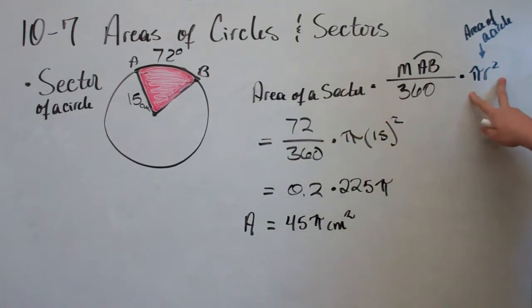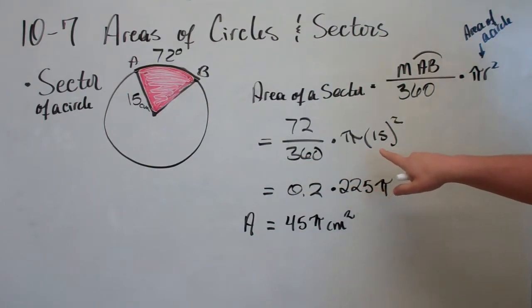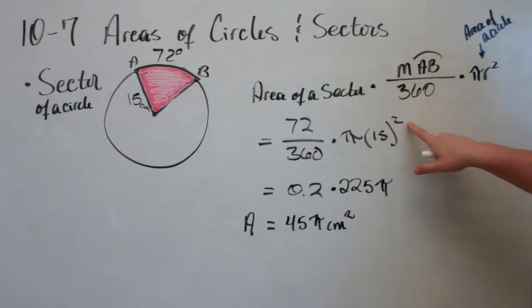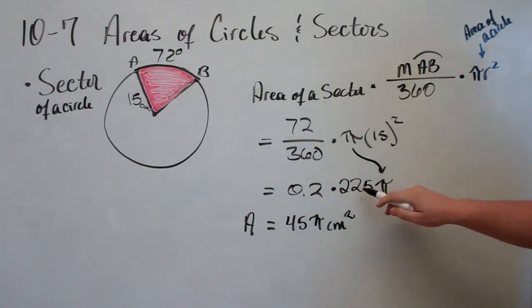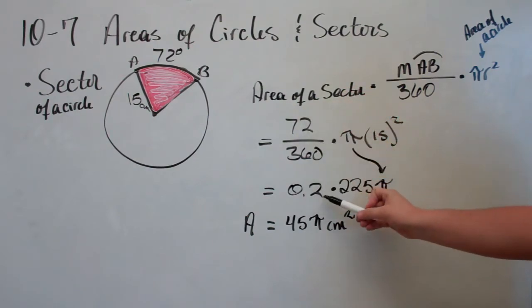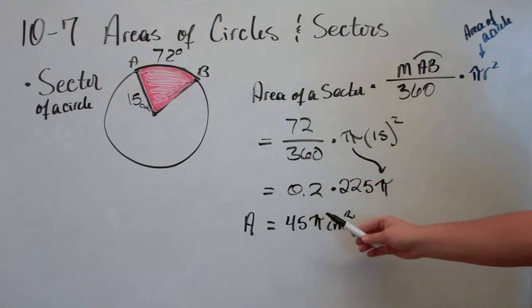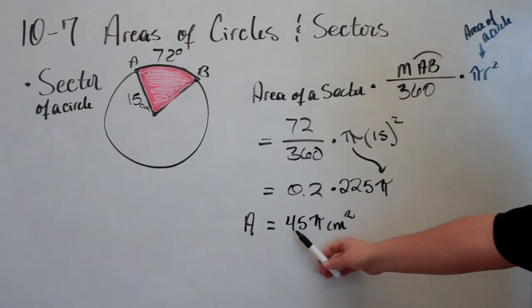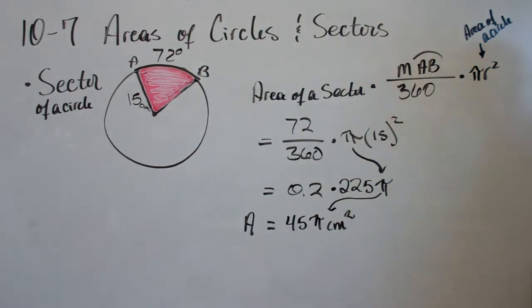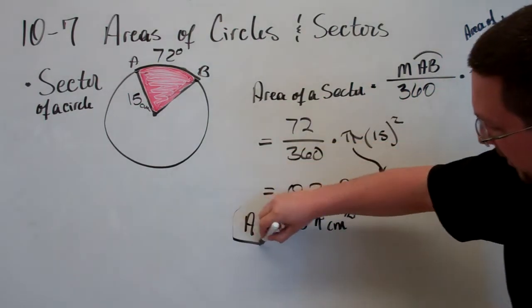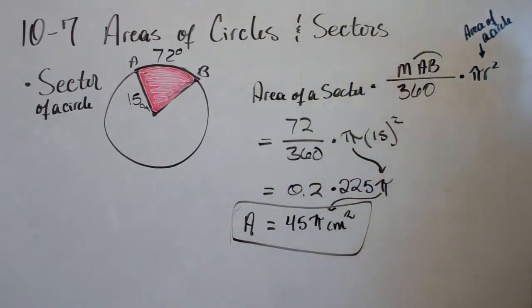Then you multiply by the area of a circle, pi times our radius, which is 15 squared. 15 squared is 225. 72 divided by 360 is 0.2. 0.2 times 225 is 45. Keep bringing pi along for the ride, and then your units squared. So the area of that red shaded region is 45 pi centimeters squared.